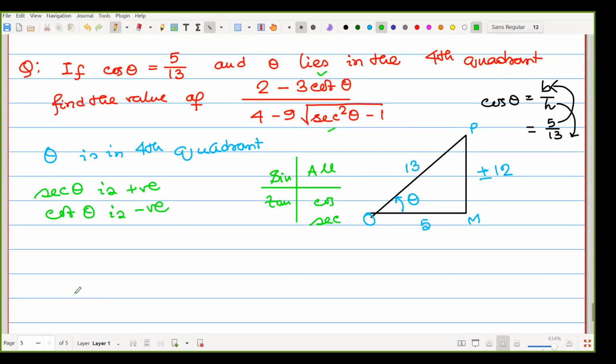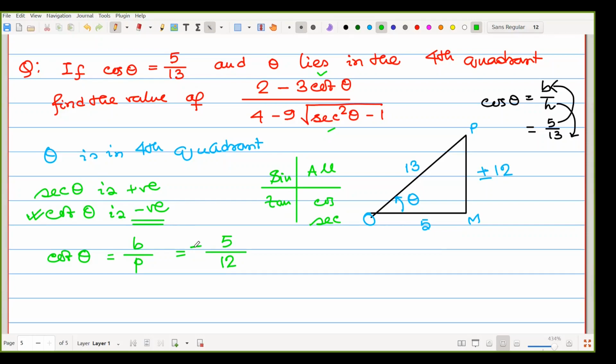So find out the value of cot theta at first. Cot means base by perpendicular. Base means here that is 5, perpendicular means 12. But always remember cot is negative.